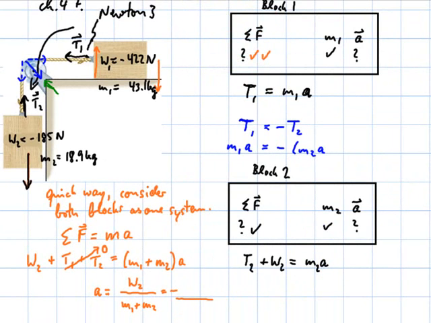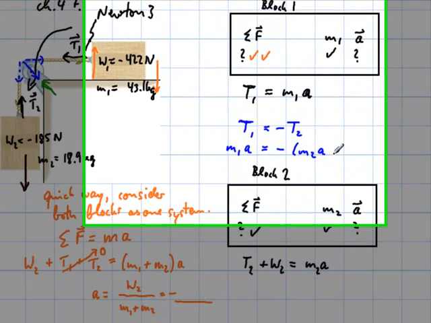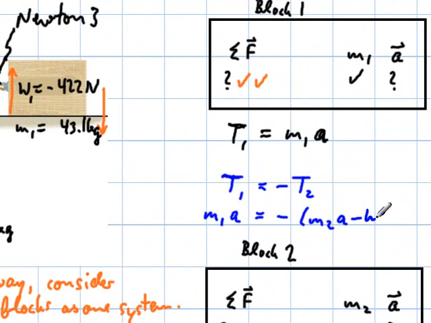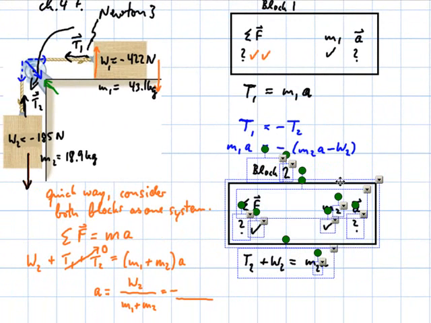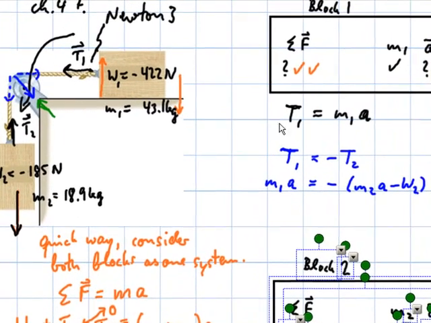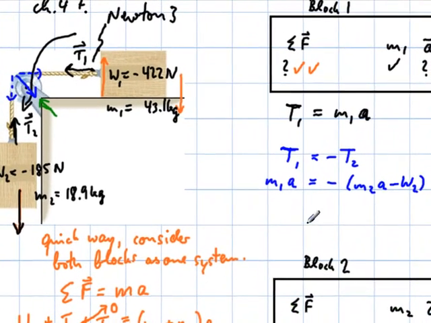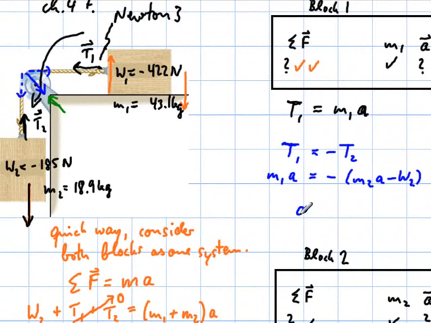There we go, there's a 2. m2 times acceleration minus weight 2, and then if I had a little bit more space, I'll move everything down. Now I can solve for acceleration, and what I will come up with is that I have a plus w, so negative negative, but the w itself is still a negative, divide by m1 plus m2.